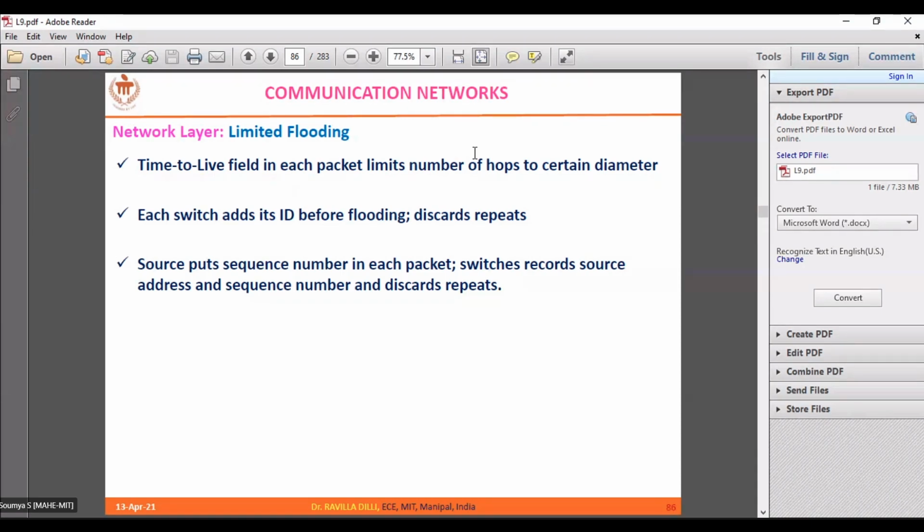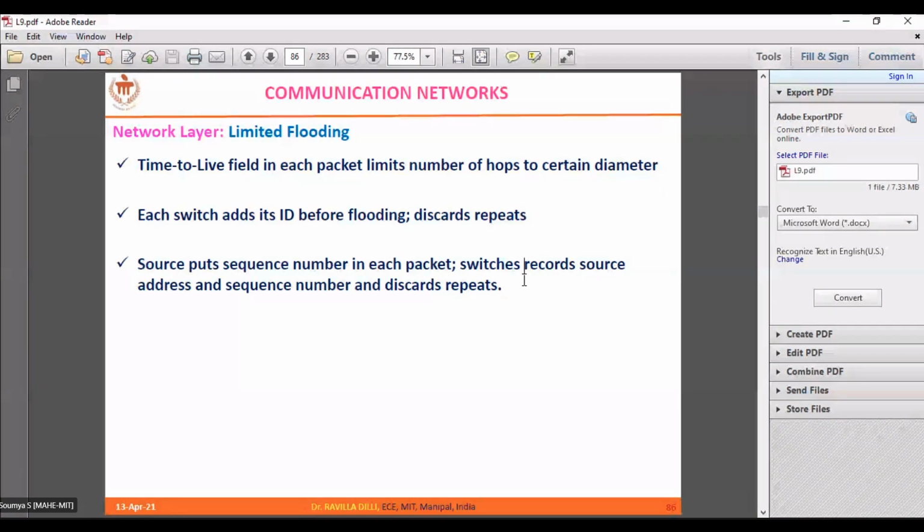Now, each switch adds its ID before flooding, therefore it discards the repeats. The source also puts a sequence number in each packet, and switches record the source address and sequence number, and discard the repeat. Why is this done?